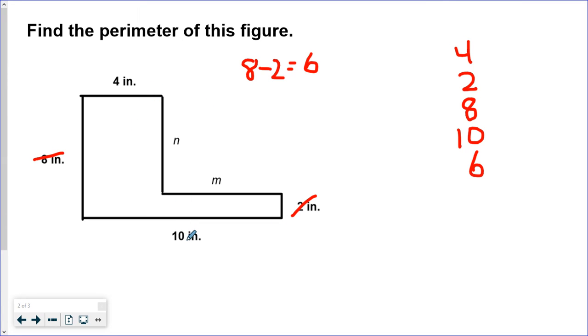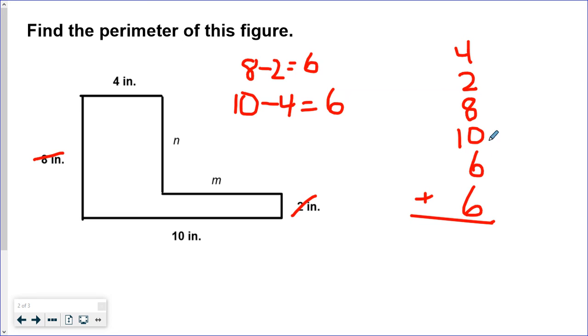So I'm going to take my 10 and subtract the 4. The reason is that if I took this line here, which is 4, and this line here, which is M, and combined them together, it would be the same as 10. So 10 minus 4 is another 6. So I'm going to add another 6 here.